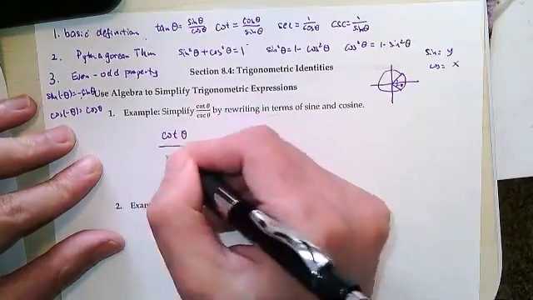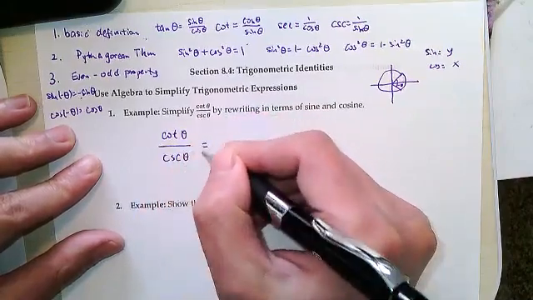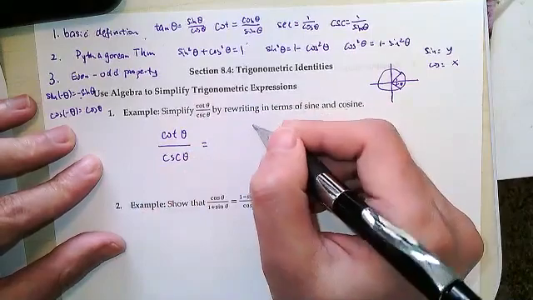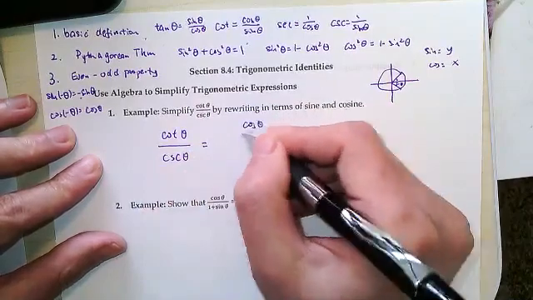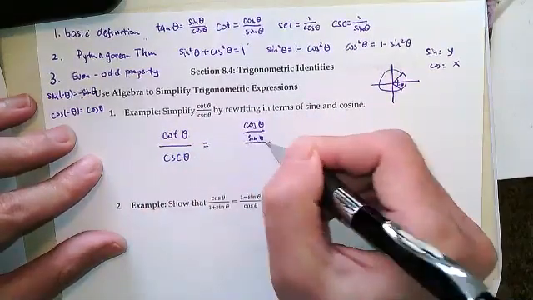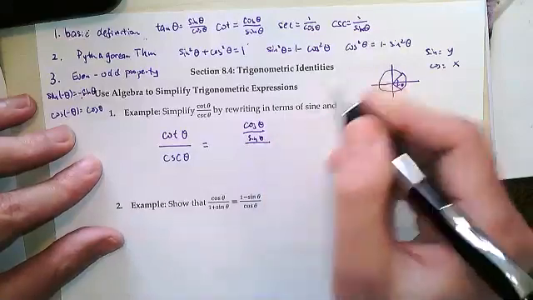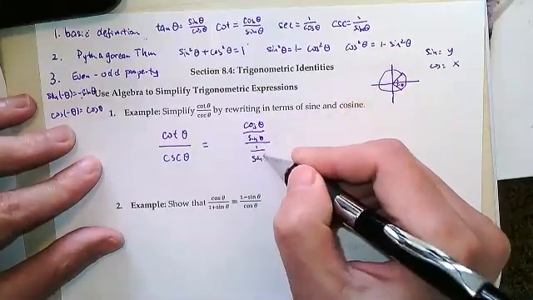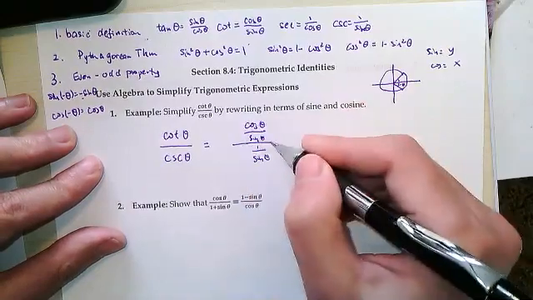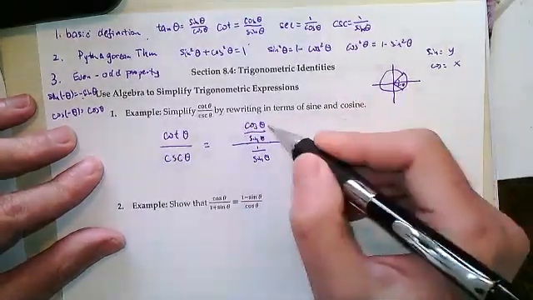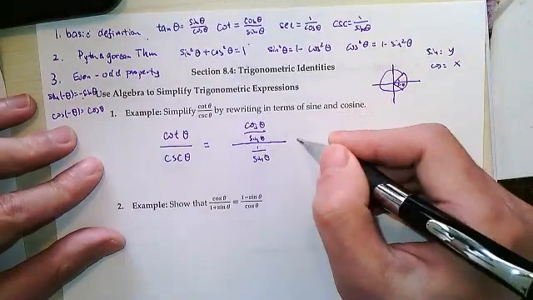So we can just write cotangent theta times secant theta equals cosine theta over sine theta times 1 over cosine theta. What is cosecant? 1 over sine theta. Make this horizontal line longer so that you know this is a fraction, this is another fraction.